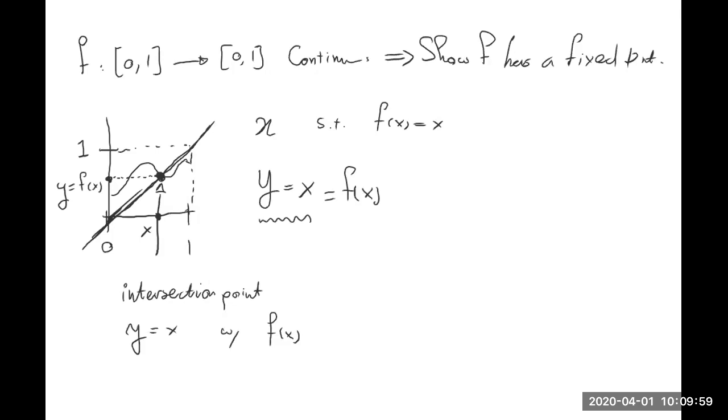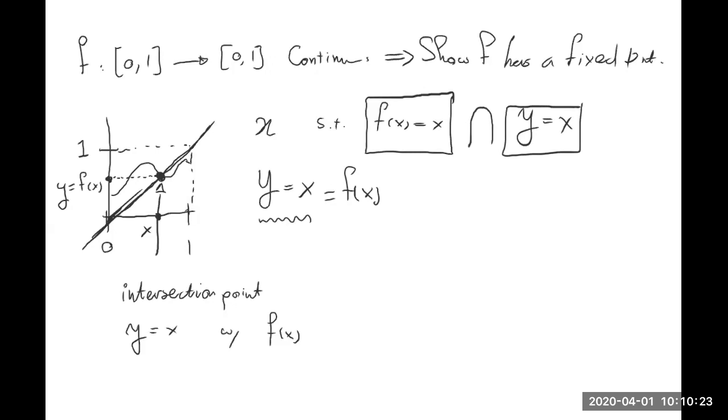So the fixed point, the point where f of x is equal to x, is always the point where the graph of the function intersects the line y equals x. So the intersection of the graphs of these two functions is the point which we are looking for.